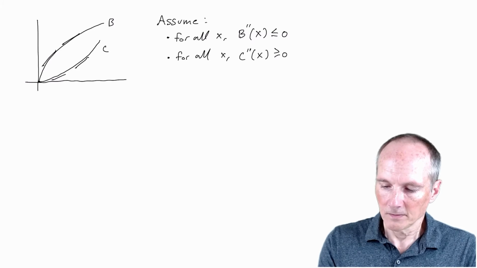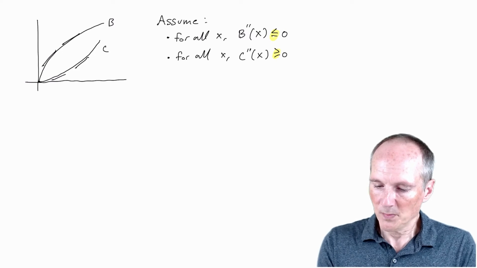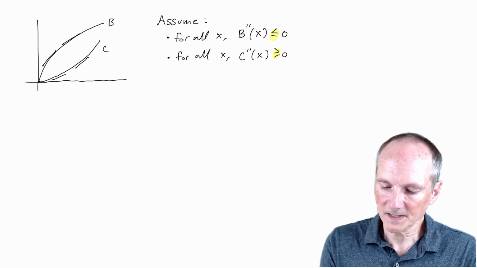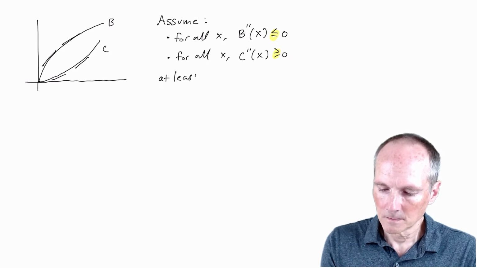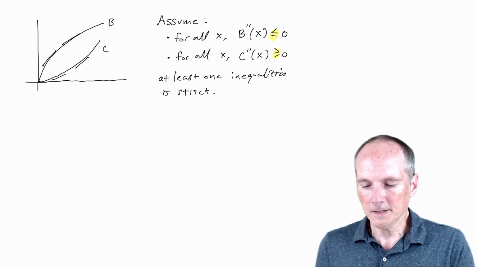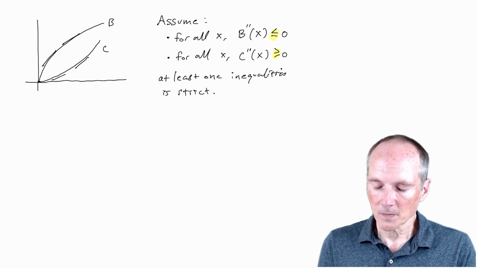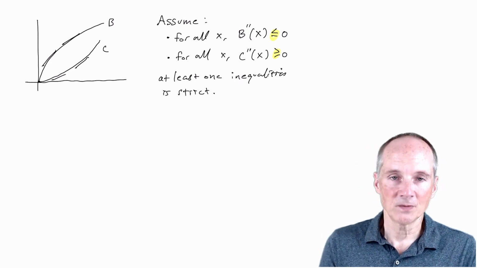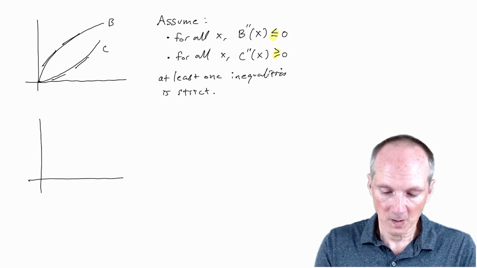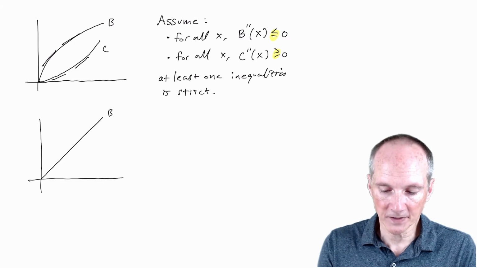I've written these with weak inequalities here. But let's add one more assumption, that at least one of these is strict. The reason I'm doing this is that it wouldn't be so bad to just assume strict inequalities, but that would rule out a situation with a linear benefit function.